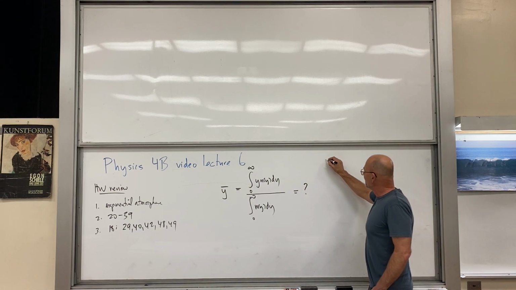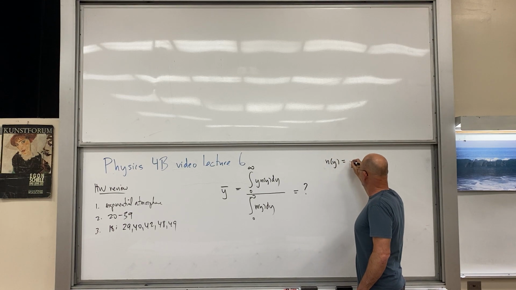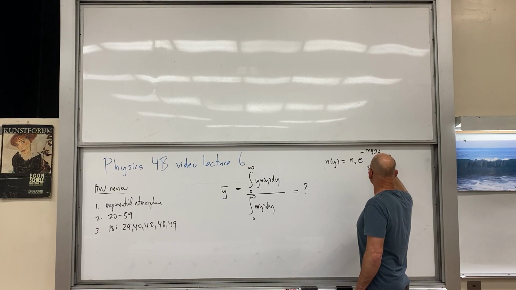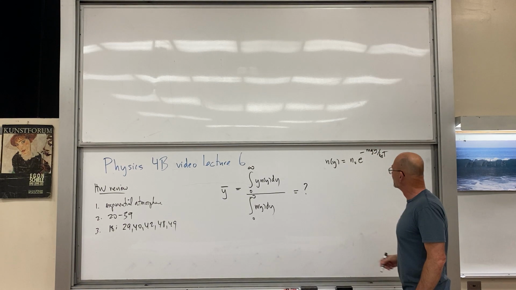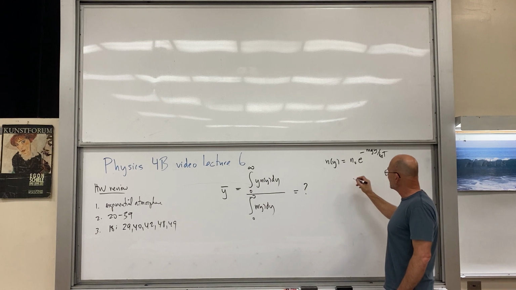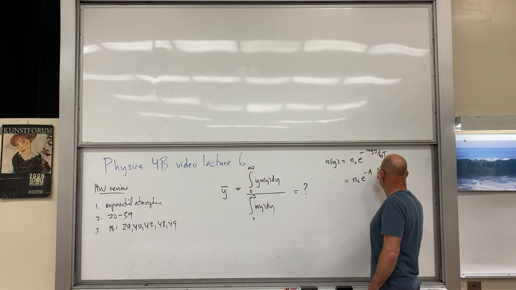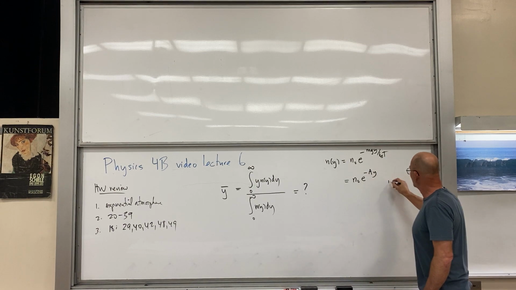We have n of y is equal to n0 e to the minus mgy over k Boltzmann temperature. Okay. And if you wanted, you could write e to the minus a times y.